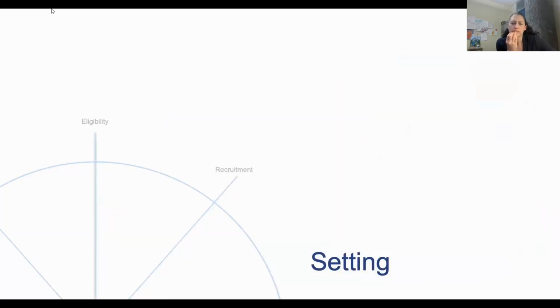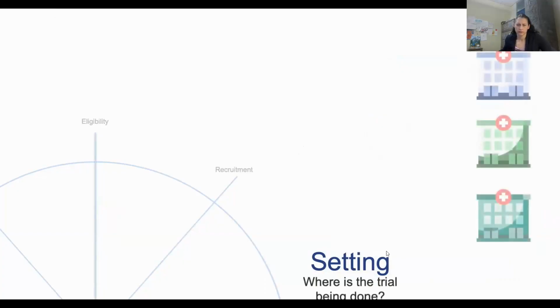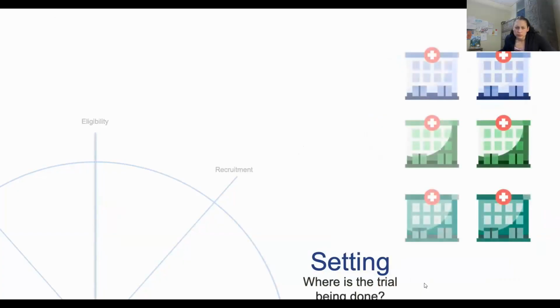In terms of the setting, where are we doing this? Is the setting identical to the setting in which these results would be applied? That would be really pragmatic. We may need to put some boundaries around that, but the most pragmatic would be to say, we're doing it right where these results would be applied.